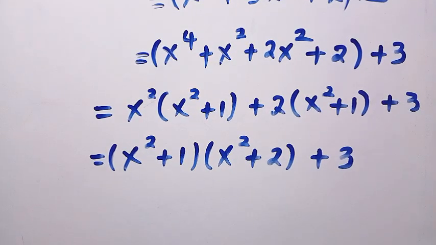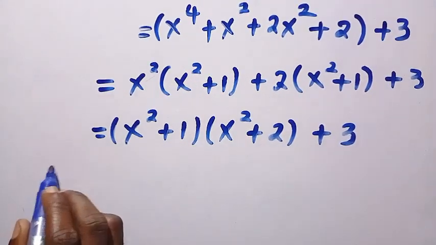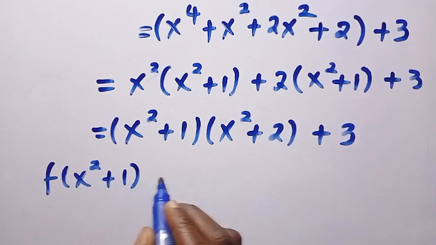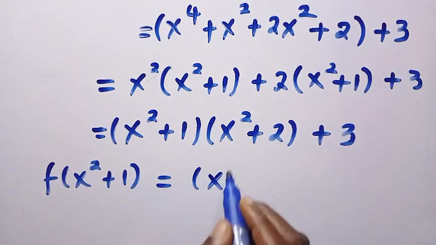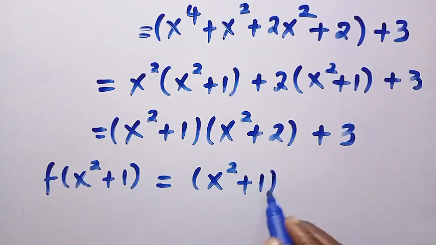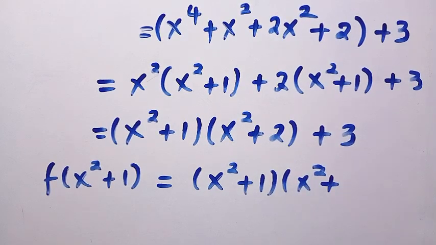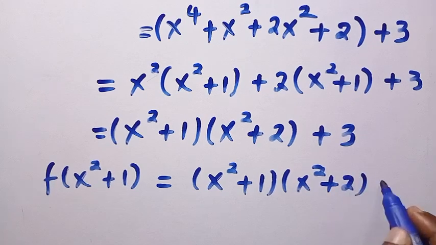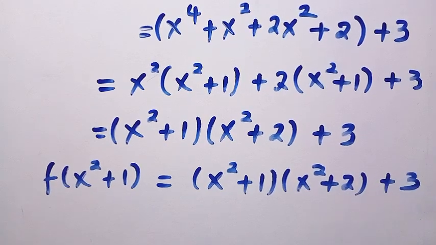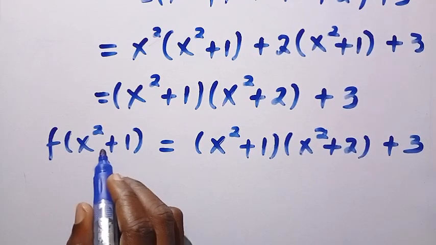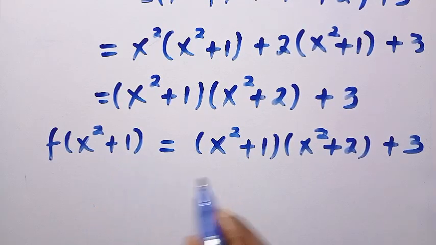So the result of all this is f of x squared plus 1 equals x squared plus 1 bracket x squared plus 2, then plus 3. Then let's replace everywhere we see x squared plus 1 with x.